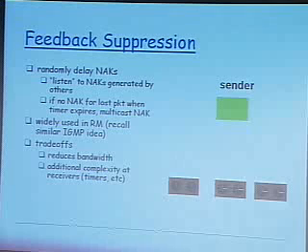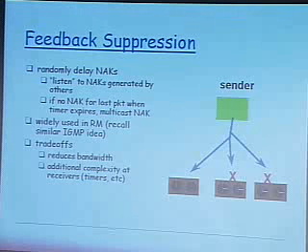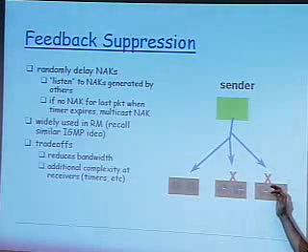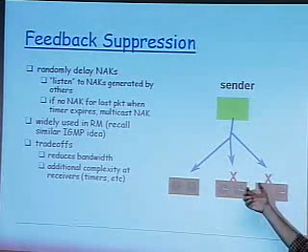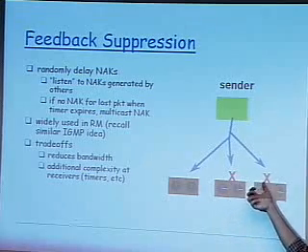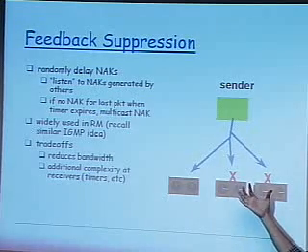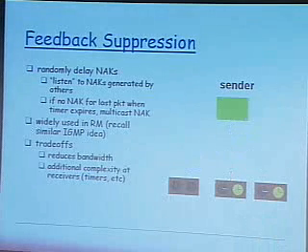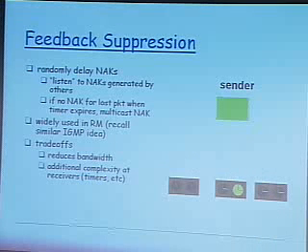So in feedback suppression, you're going to randomly delay NACs. So if both of the receivers here lost packets, then instead of immediately sending out a NAC when they detect that there is a loss, they each choose a random timer, and when the random timer expires, the NAC is going to be multicast.